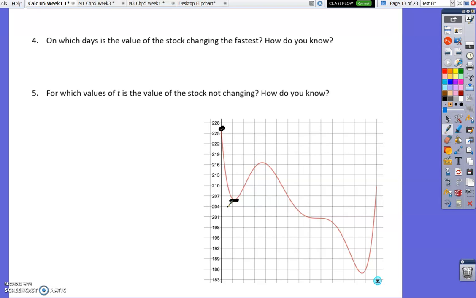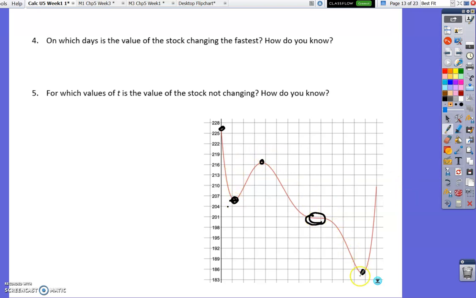So that would be the largest rate of change over the period, because of the slope. I would say that on day 1, the value of the stock is changing the fastest. The value of the stock is not changing here or here, or, ooh, there it is, there's the flat for a while. And that idea of it not changing here, here, and here is important.